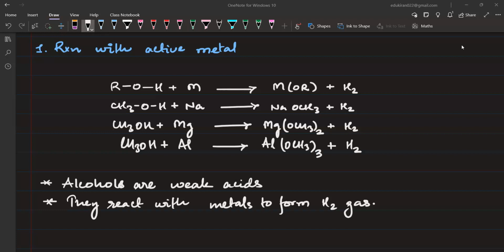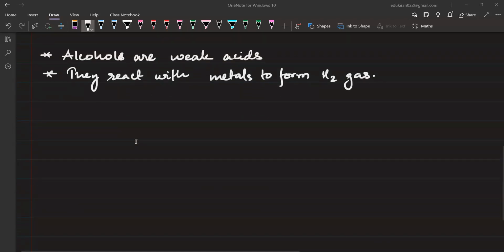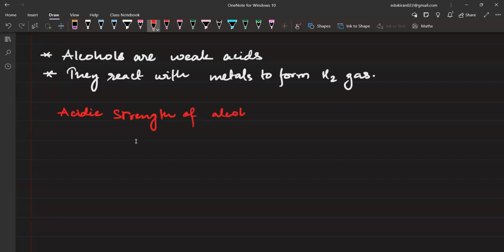I hope you have written this down. Now you will write acidic strength of alcohol. That is an important topic. Now, if I look at the acidic strength of alcohol, then I have to see what the conjugate base is.